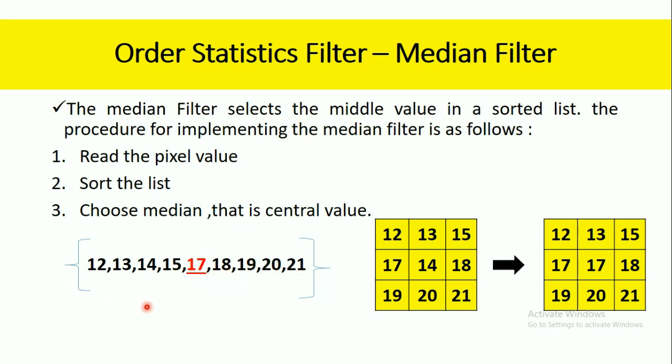After that we choose the middle value of this list, which is 17. That 17 replaces the center pixel value 14. So this is the original image, and after removing the noise, the 14 is replaced by 17.